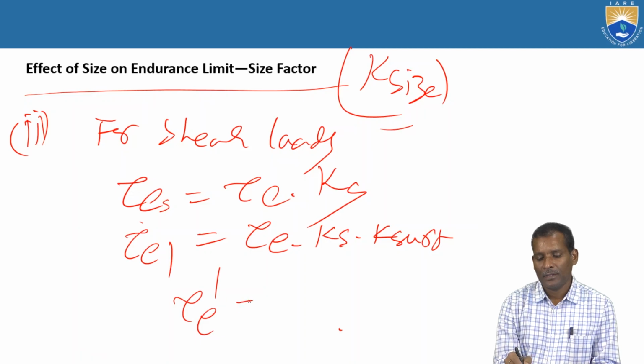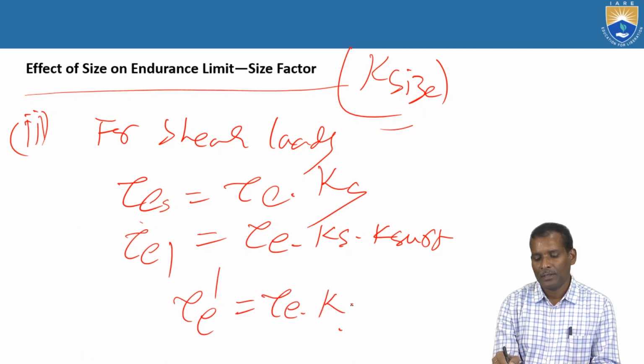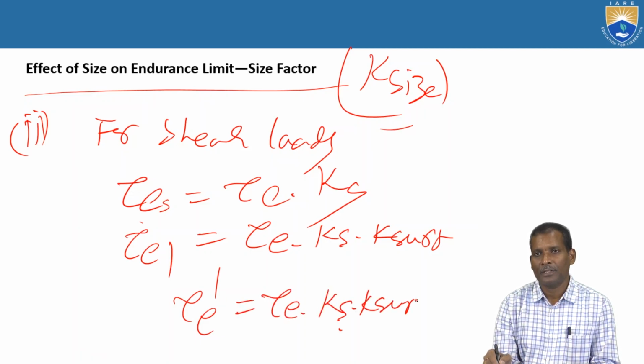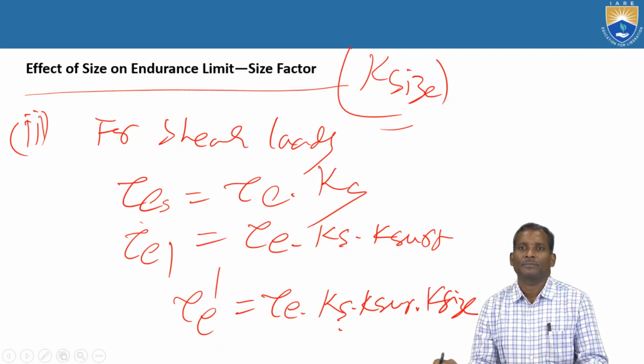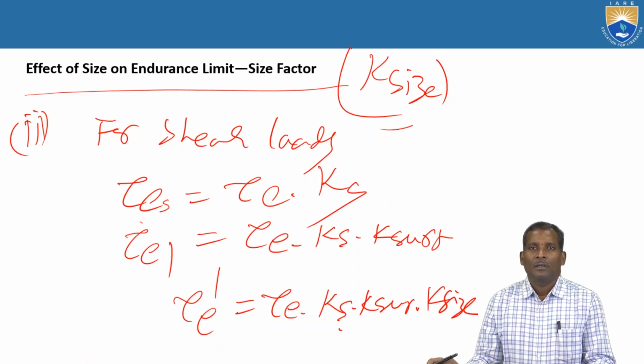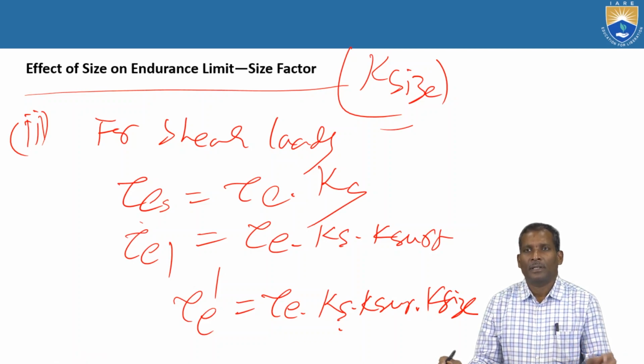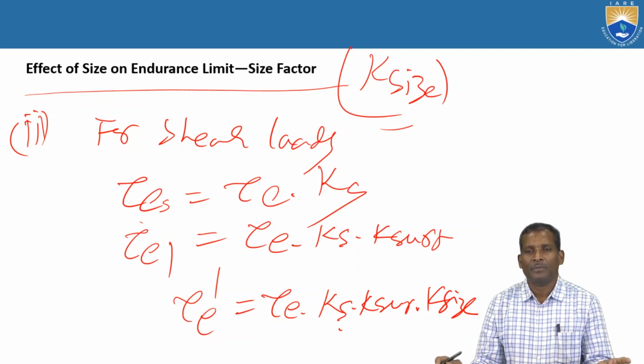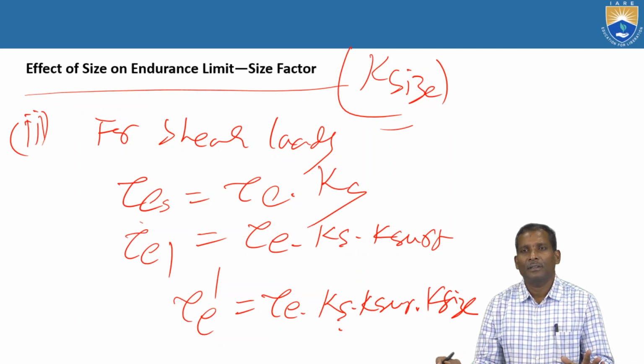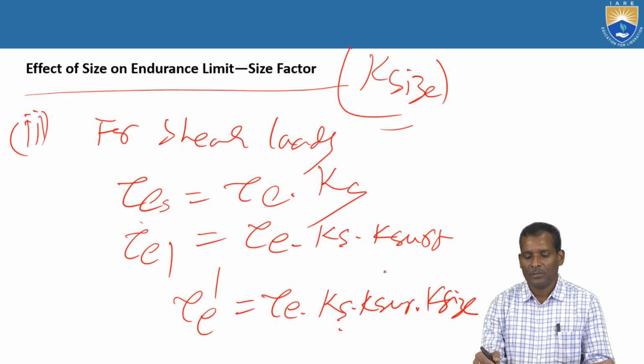So tau E dash is tau E, Ks, K surface finish factor multiplied with K size factor. So now we obtain a new endurance limit considering size factor, surface finish factor and loading factor, the shear loading factor.